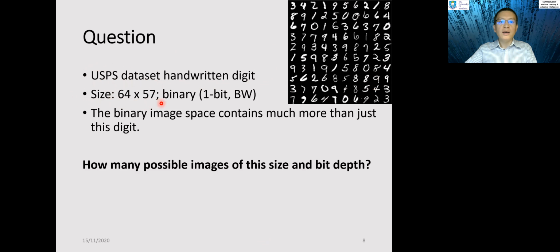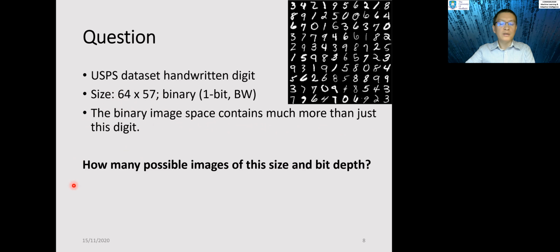And they are very simple binary images. That is, each pixel has only one bit. It's a black and white image. But it's very small, but in the binary image space of this size, there are much more than just this digit.